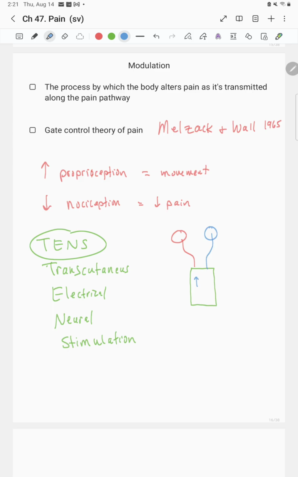And what that electricity is doing is increasing the proprioceptive neurological activity, which by default is going to decrease pain. Okay, so I issue this to my patients. I've used it myself. If you have used it or you have experience with it, you'll probably admit, yeah, it actually works pretty good. Okay, for pain modulation.